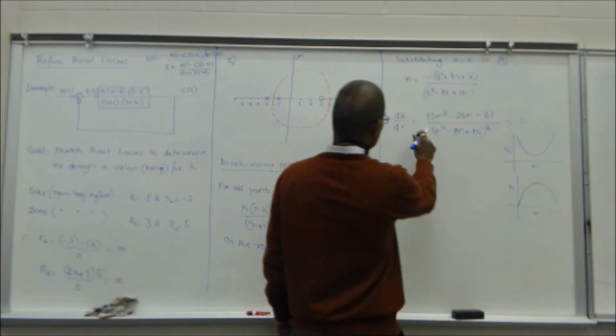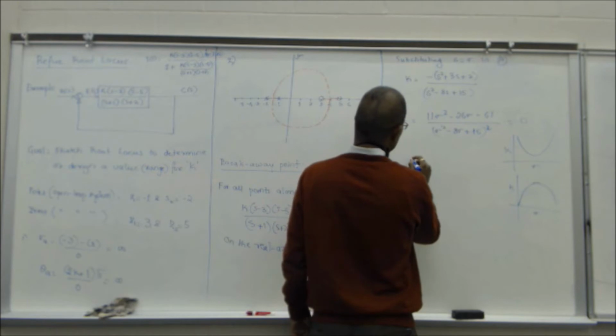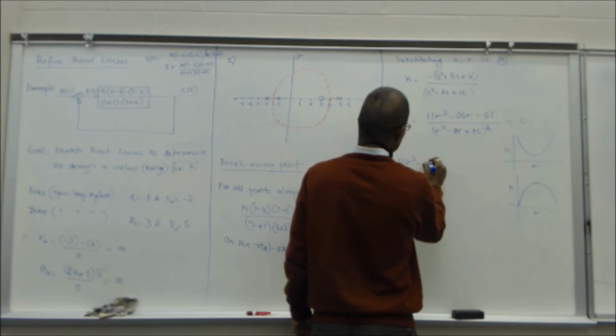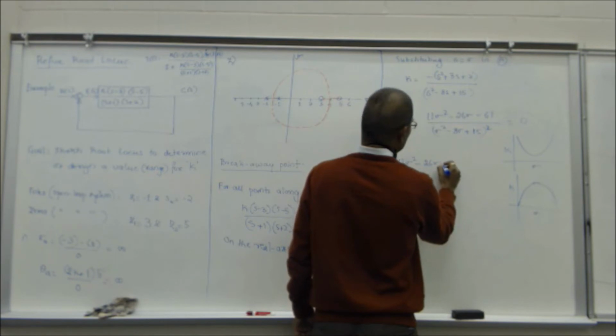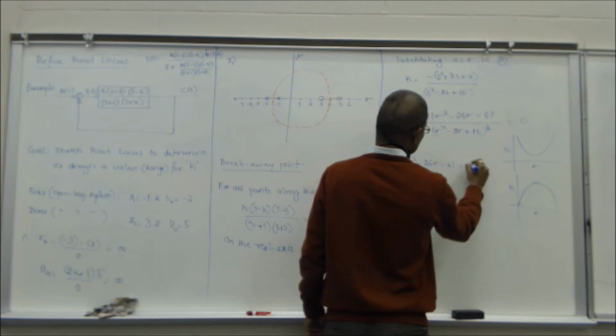If you do this, you get 11 sigma square minus 26 sigma minus 61 equal to 0.